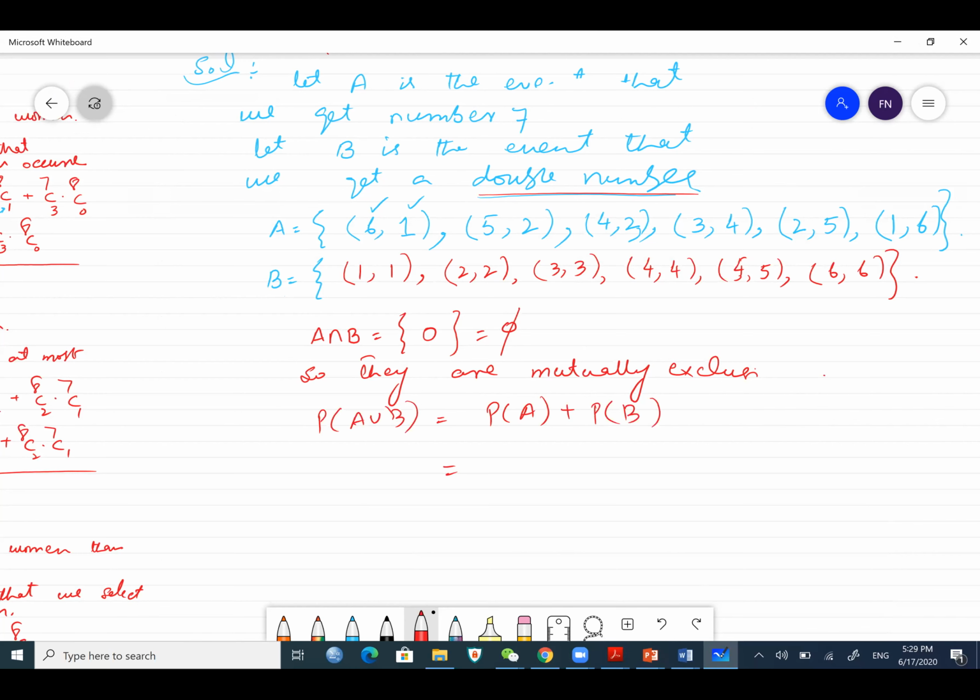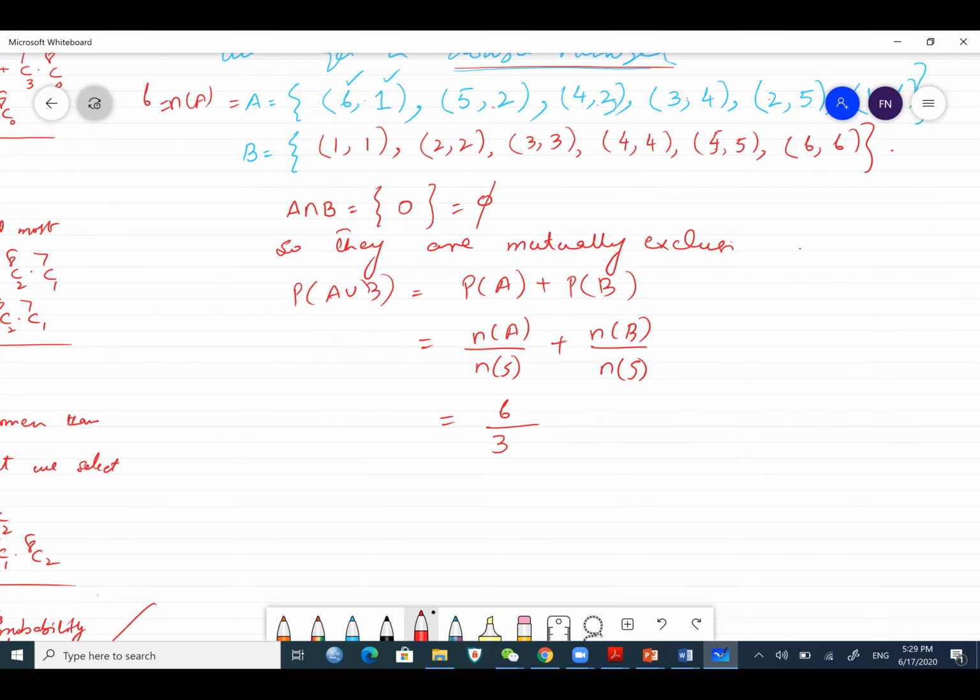Probability of event A: how many possible options are in A? What is N of A? N of A is 1, 2, 3, 4, 5, 6. So probability of A is N of A over total sample space, plus N of B over N of S. There are 6 elements in A, and in total the sample space has 36 elements.